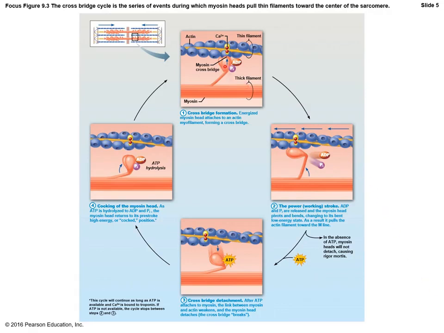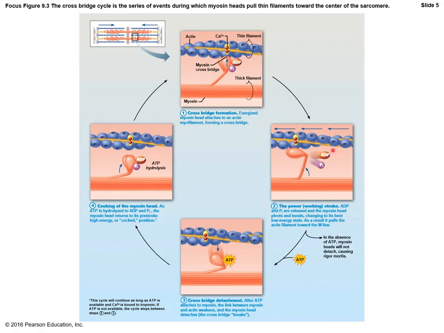So right here, it attaches. It's going to pull so that it is sliding the blue or the thin filament, that actin. It's going to slide it. So it attached right here, and now it's going to slide it. Now it has to detach from it. That's going to require ATP, and then recock so it can bind to the next site.